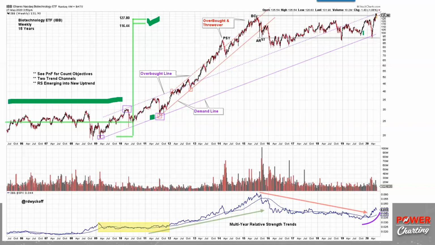At the conclusion, we think might be the conclusion of this reaccumulation area, it pulls back one time, IBB, to the demand line that is literally set up in 2011, and it comes down, touches this at an oversold condition on two levels, the support line and also the demand line.